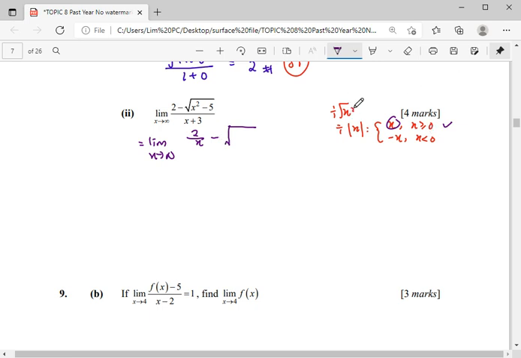We maintain the square root form so that we can divide inside the square root together. So it will be x squared divided by x squared minus 5 over x squared. Outside, the denominator without the square root function, we divide by the simplest form of the square root of x squared, which is x. Then we simplify it.